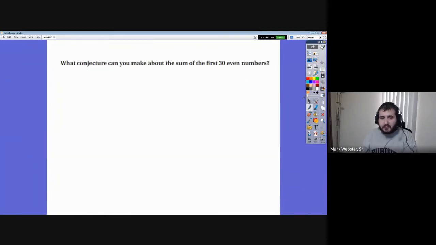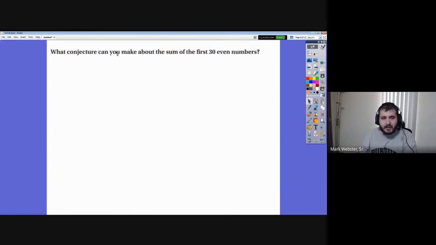Okay, now here's more conjecture-y stuff, right? So what conjecture could you make about the sum of the first 30 even numbers? Once again, when they're asking about making a conjecture, they're really wanting you to put together a formula almost.